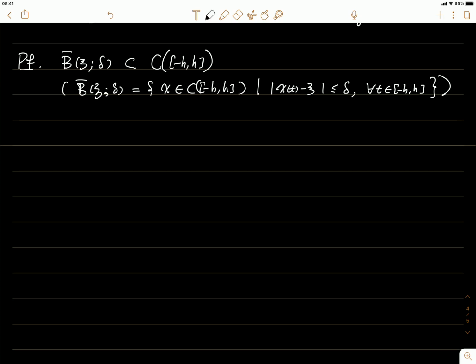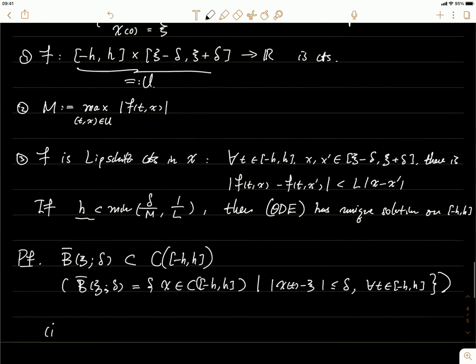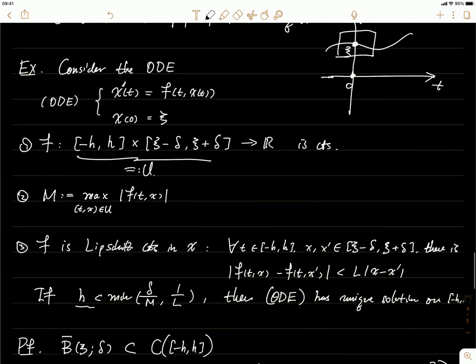The first thing is that I'm trying to find the solution for this ODE. x is a solution for this ODE if and only if, in integral form, x(t) is equal to the initial value plus the integration from 0 to t of f(s, x(s)) ds. Okay, so x is the solution for the ODE if and only if this is true.